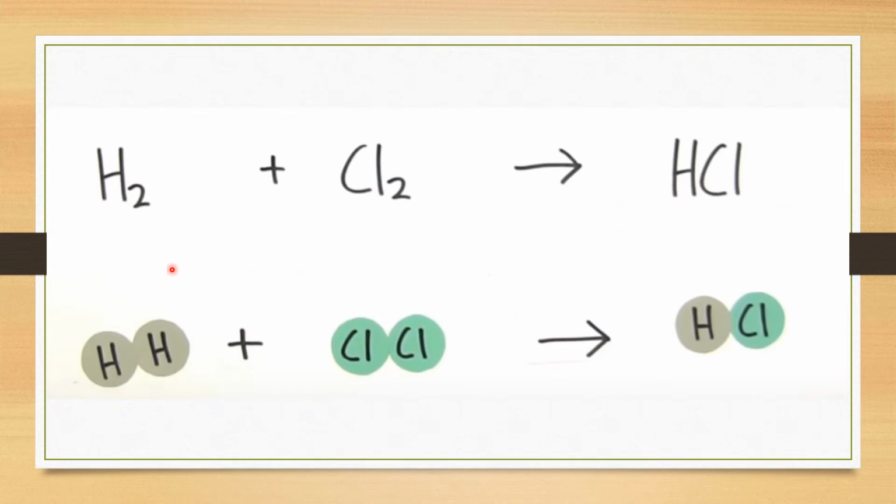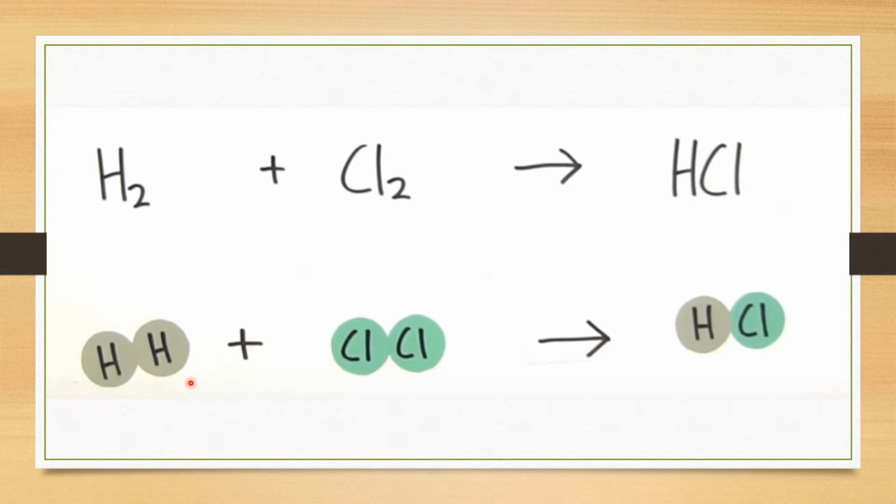To check whether the chemical equation is balanced, we need to count the number of atoms on each side of the arrow. To enable you to do that, we are going to use diagrams. We have used a sphere labeled H to represent a hydrogen atom and a sphere labeled Cl to represent a chlorine atom.